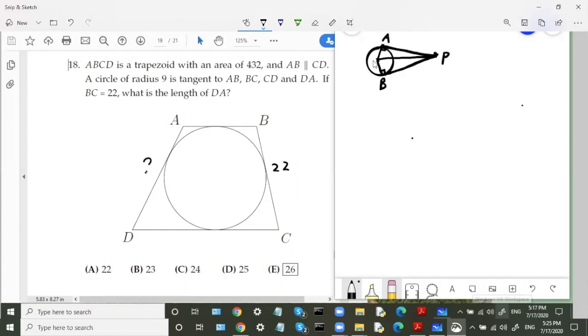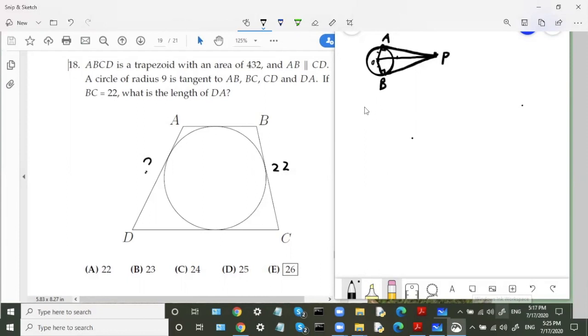Let's connect the center O of this circle to tangent point A and tangent point B and to P. So we have two triangles, APO and POB. These two triangles are congruent to each other because they have equal radii, they share a side, and they have right angles, which are equal to each other.